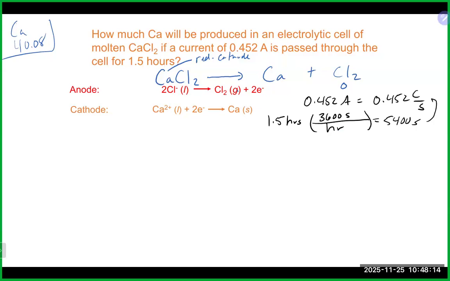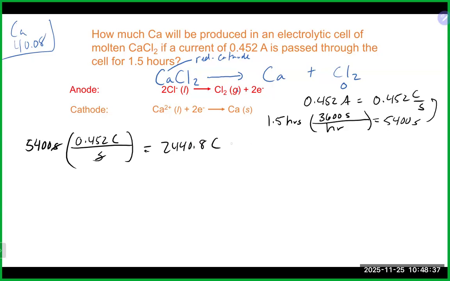Now we can use both of these together to figure out our coulombs of charge. So we're going to go 5,400 seconds times 0.452 coulombs per second. The seconds cancel, and that gets us 2,440.8 coulombs.